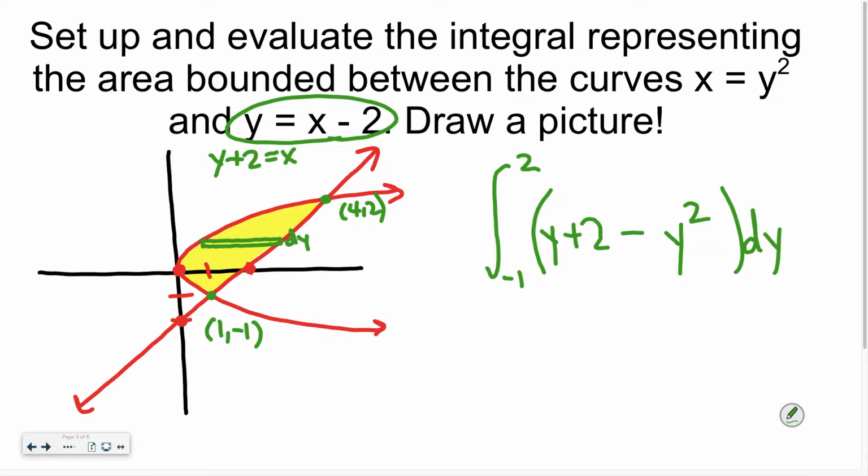Isn't that easier? Sometimes it's nice to have multiple options on how to do a problem, because one way is just easier than the other. Anyway, in your calculator, just use x's even though you have it written as y's. It's not going to make a difference. You can use the other variables, but it's going to be a lot more work for you to click alpha y, alpha y, alpha y every time.